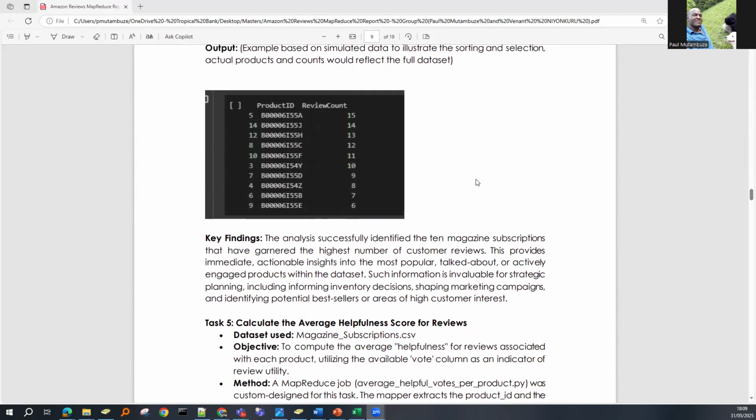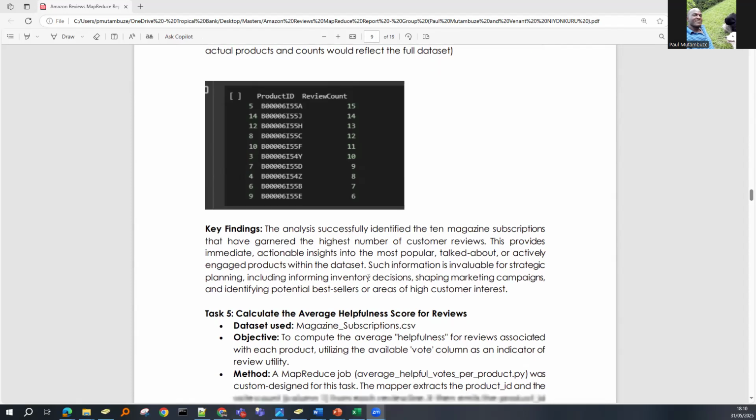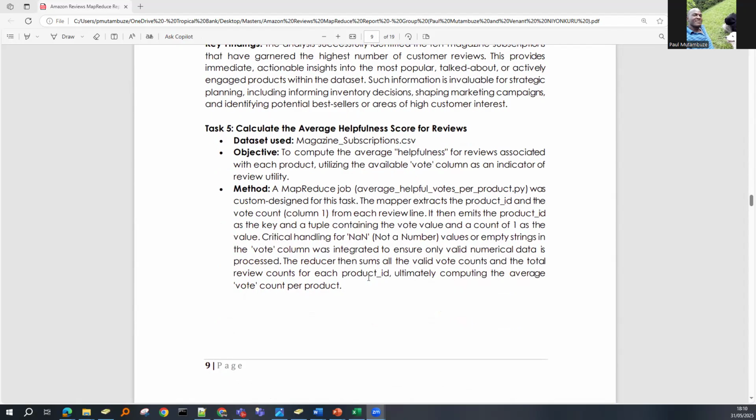And of course, this provides immediate actionable insights into the most popular, talked about and actively engaged products within the dataset. Then we moved on to calculating the average helpfulness score for the reviews. To compute this, we used the helpfulness of the reviews for each product, utilizing the average and the available vote column as an indicator of review utilization.